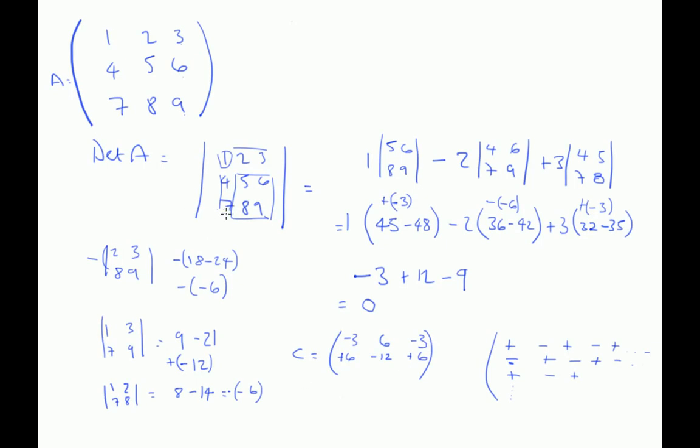Coming down to this one here, the cofactor of this 7, its minor is 2, 3, 5, 6. 2, 3, 5, 6 gives us 12 minus 15, which gives us minus 3.